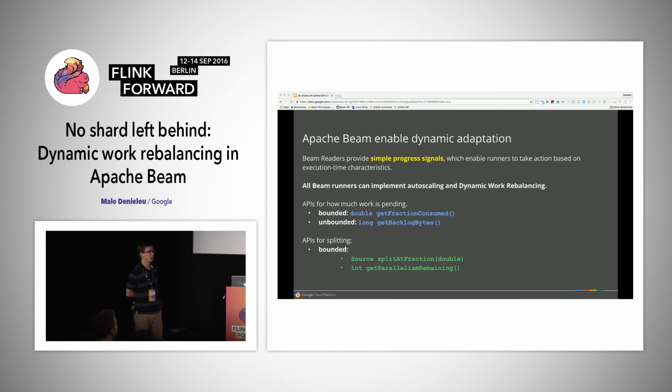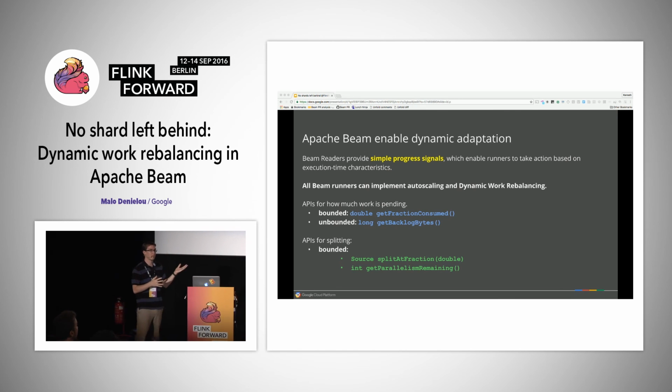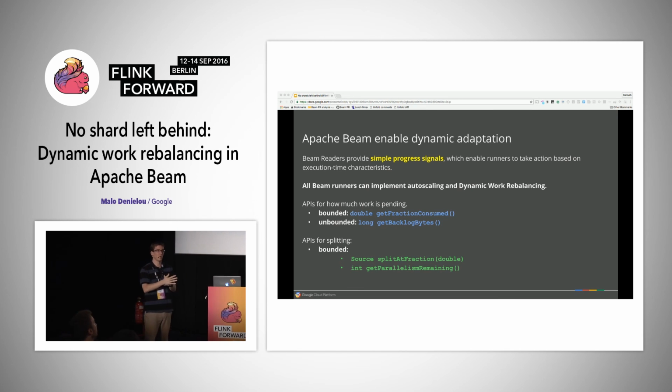It's not all driven by this. This is an extra constraint to auto-scaling, so that if you know that your parallelism is limited, then this is a hard limit on what you should upscale to. So if you know that your input source cannot be split more than 100 times, then there's no point bringing up more than 100 workers.